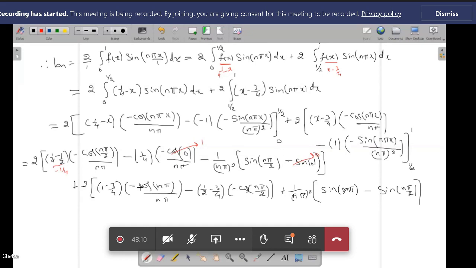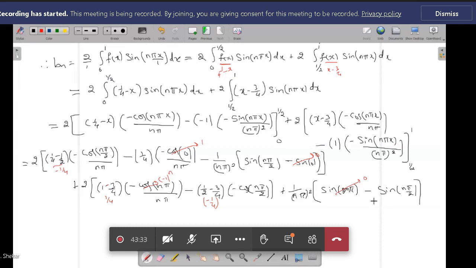So cos n pi value is minus 1 power n. Again I am sorry, I forgot to simplify. 1 minus 3 by 4 is again plus 1 by 4, and 1 by 2 minus 3 by 4 is minus 1 by 4, and sin n pi is 0.